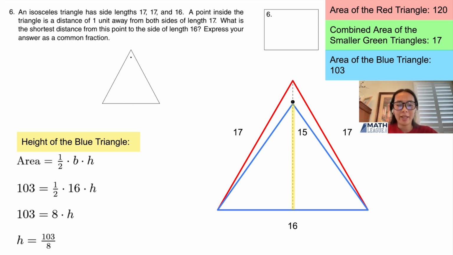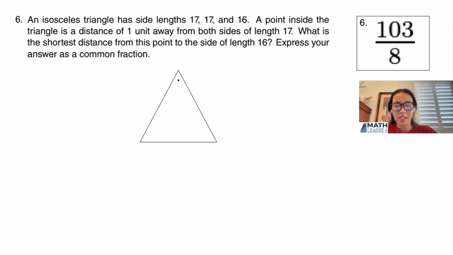So we can plug in the area of 103, the base of length 16, and leave the height as a variable. When we simplify, we get that 103 is equal to 8h. So the height of this triangle is 103 over 8. So the distance from our point to the base of the triangle is 103 over 8, and that is the answer to target 6.